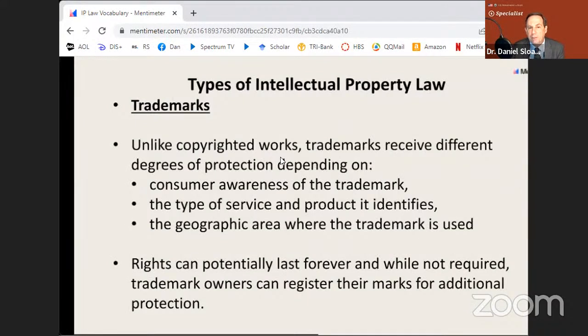Unlike copyrighted works, trademarks receive different degrees of protection depending on these issues: consumer awareness of the trademark, the type of service and product it identifies, and the geographic area where the trademark is used. Rights can potentially be lost forever, and while not required, trademark owners can register their trademarks for additional protection.